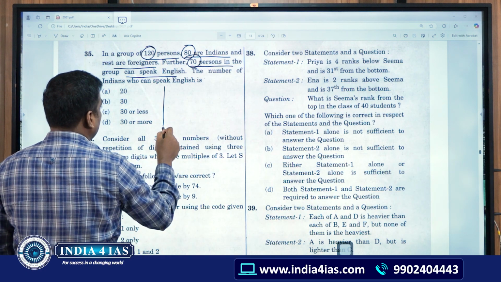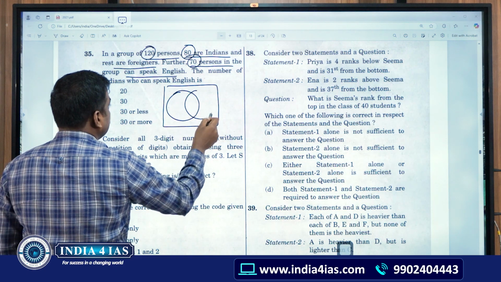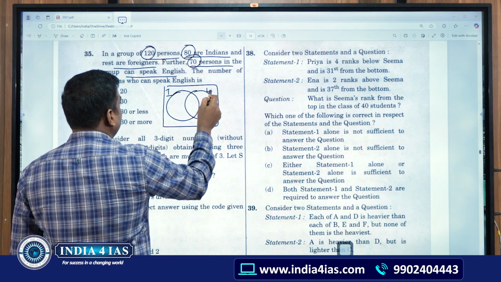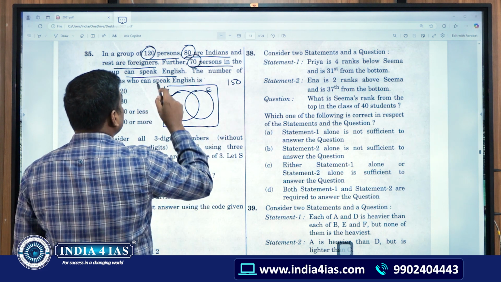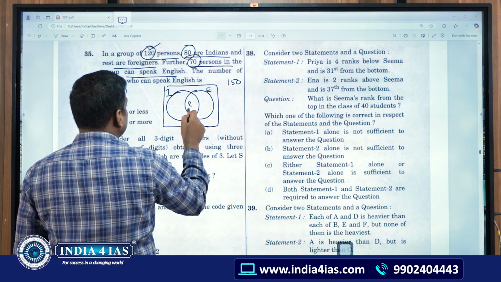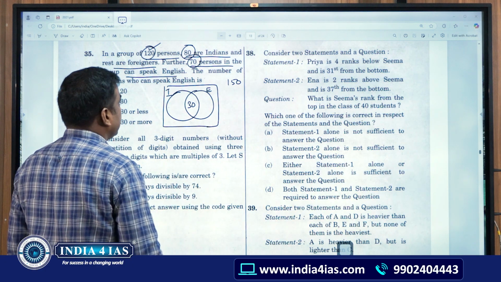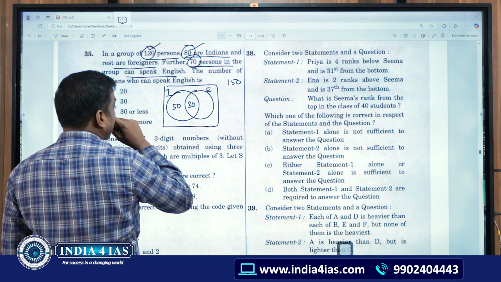The best case of what can happen is that 80 are Indians and English speakers. So 80 plus 70 is 150 and the total is 120. That means we are counting 30 extra. These are the Indians who can speak English. So 80 are Indians, 30 are already addressed, another is 50.